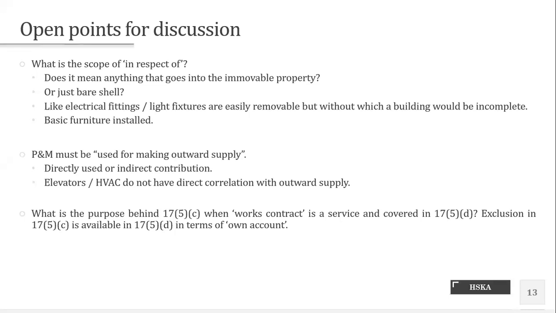Less than that, it is not immobile property. If the object is for the better enjoyment of immobile property, such as a building, then it is immobile property. Otherwise, it is not. So it's not just the bare shell; it is everything else also, and for everything else we have to see the mode and object.